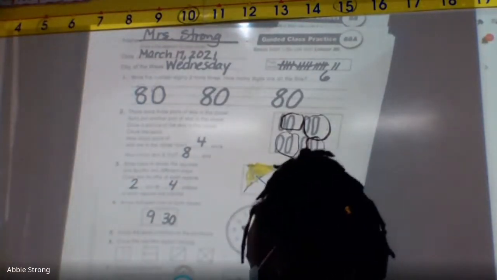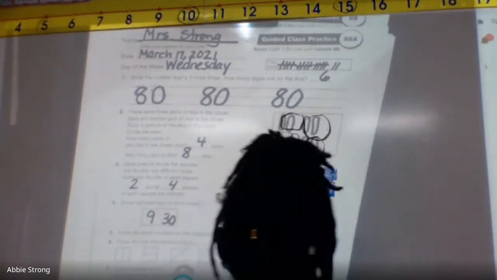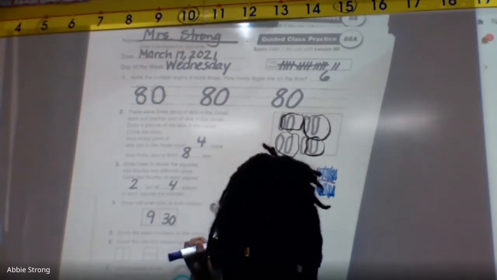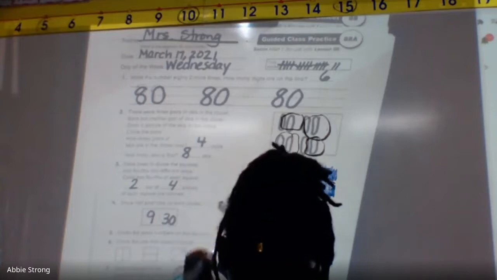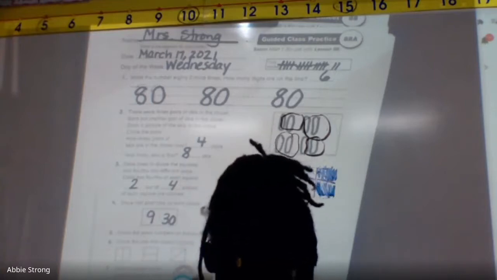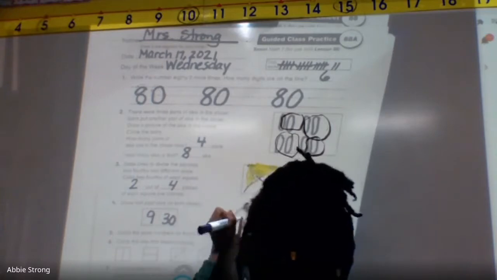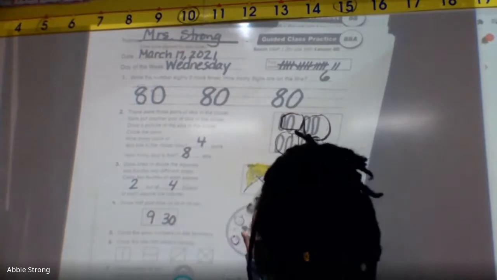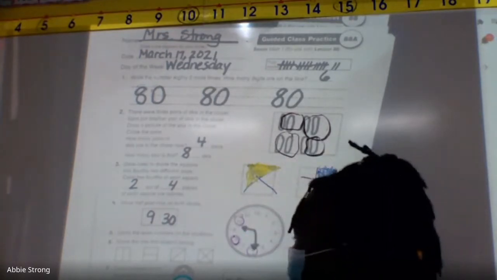Good. Now you're going to leapfrog. We're going to hop over the odd number to the next even number. Yep, that's it. Number 8. Where's the next even number? Hop over the odd number to the even. Yep, what number is that? 10. Good. Circle your 10. What's the next even number? 1 and 2 says 12.